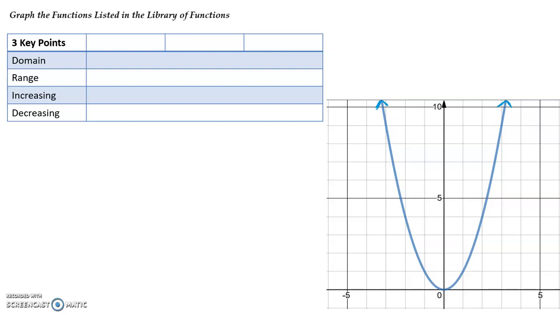Our next graph is the square function, which is the equation y equals x squared. And if we take a look at 3 key points on this graph, you'll notice that we have a point here at the origin, so we have the point (0, 0).